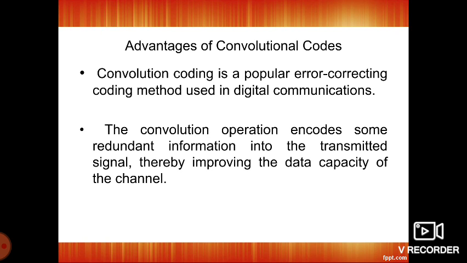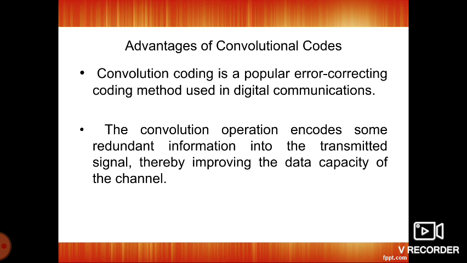The convolutional encoder consists of one shift register having the incoming bit, represented by m, and the flip-flop stages represented as m1 and m2, and it uses modulo 2 adders. x1 is the output of the first modulo 2 adder and x2 is connected to the second modulo 2 adder. So x1 and x2 are two modulo 2 adders. The bit m is the message bit or current bit. It represents a part of the shift register.